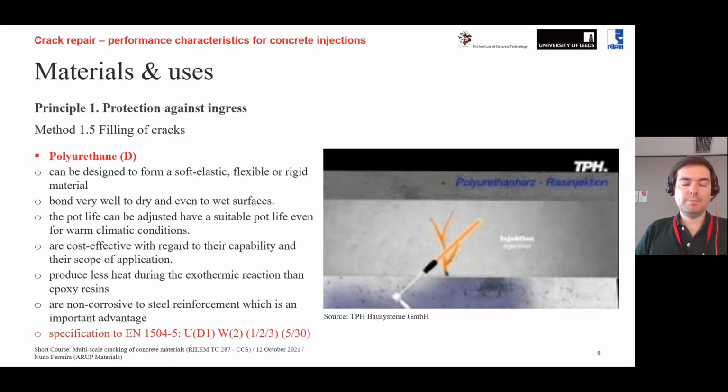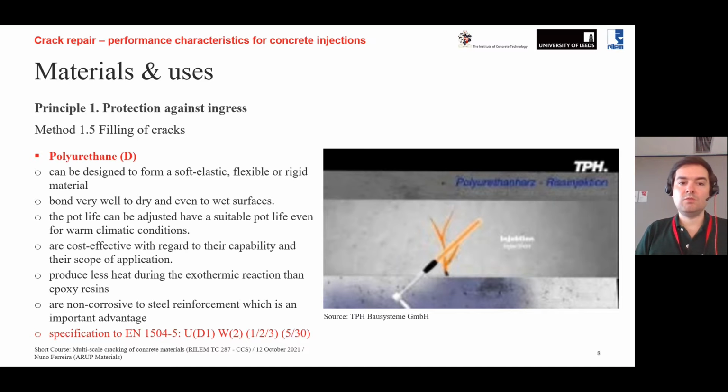In terms of materials and the use cases, we will span across several materials. In terms of protection against ingress, perhaps the most widely known is polyurethane. Polyurethanes can be designed from soft, elastic, and flexible to rigid. There are now some polyurethane materials which can also be used for structural strengthening on certain occasions.